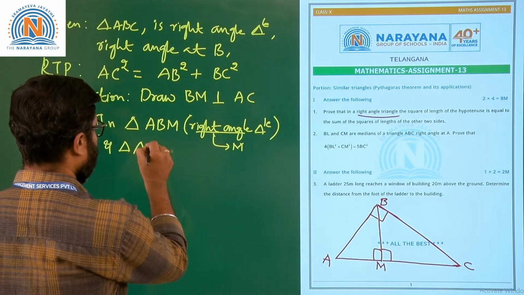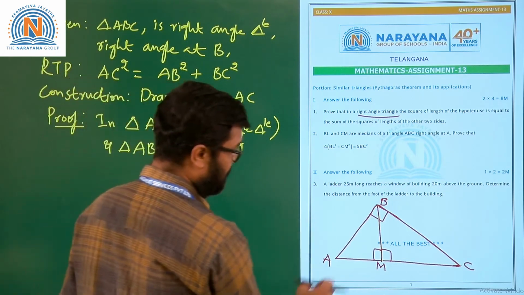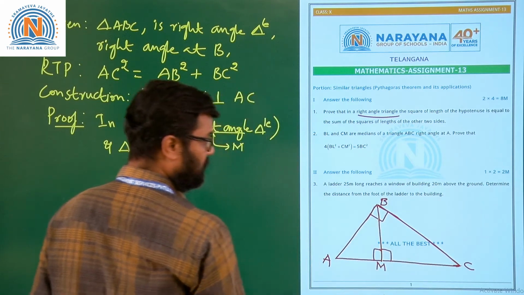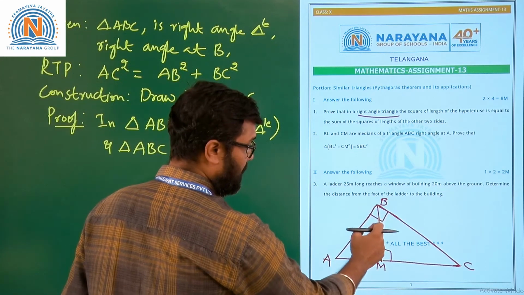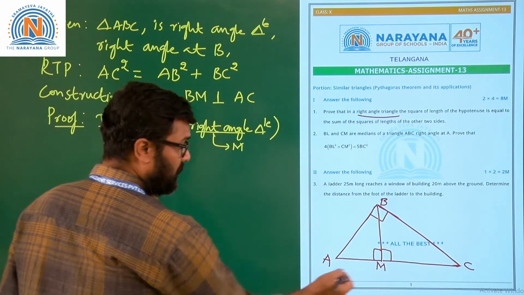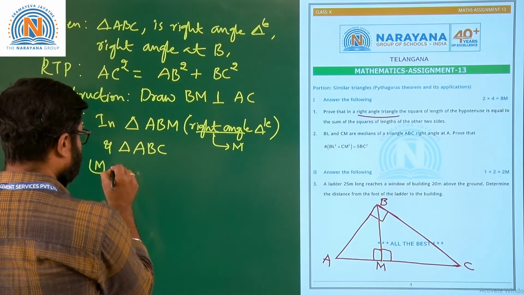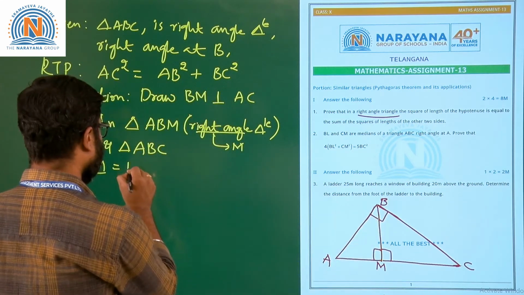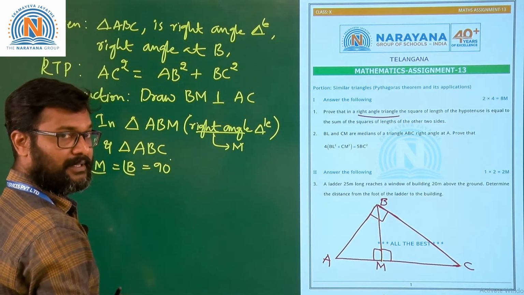ABM is one right angle triangle, and in the given triangle ABC the right angle is at B. Angle M is 90 degrees. Angle B is also 90 degrees. So angle M is equal to angle B.